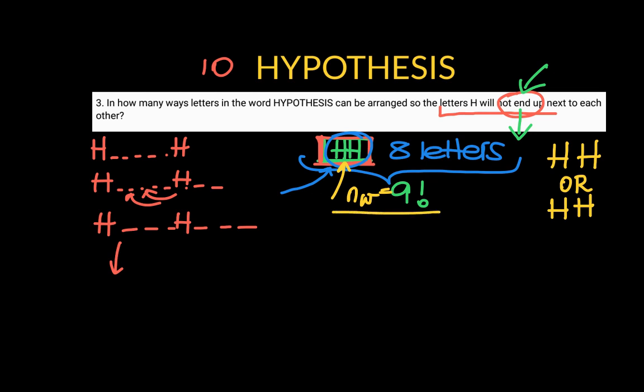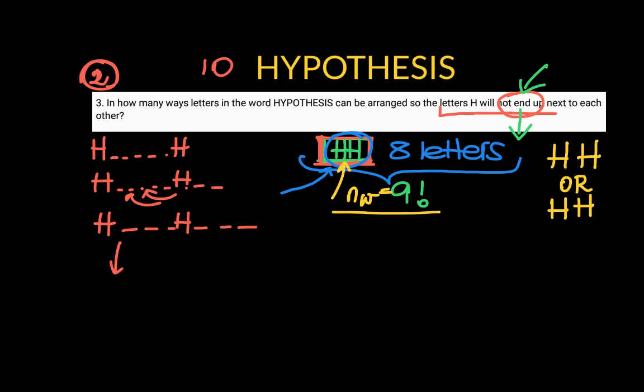If you can't, go back to the word maths, go back to number 2 of this example that we just looked at. Okay, but you will say, no, that's great with the H's, but we were asked not to end up together, and the complement is always end up.